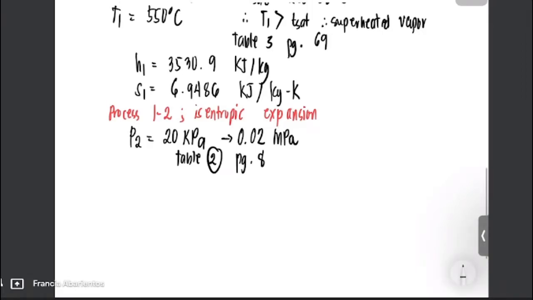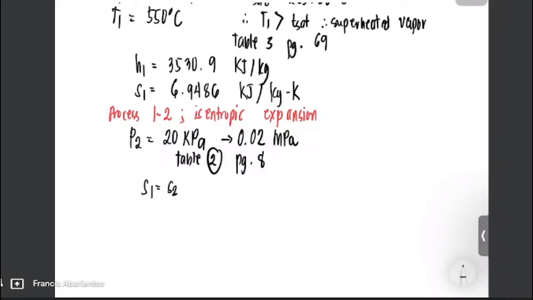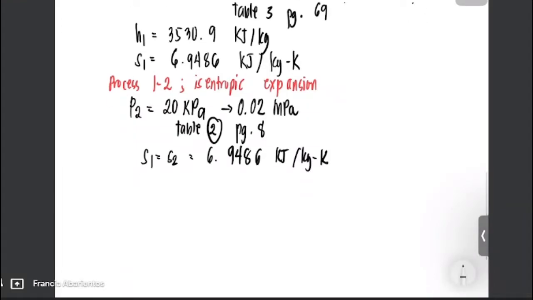Ano yung gagawin natin? We all know isentropic expansion, using this value. Take note yung SG natin dito is ilan? Entropy at saturated vapor, 7.985.